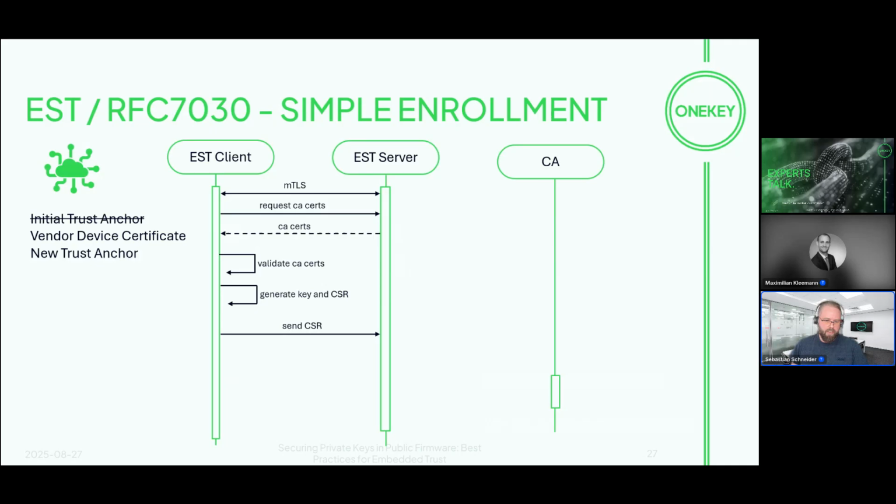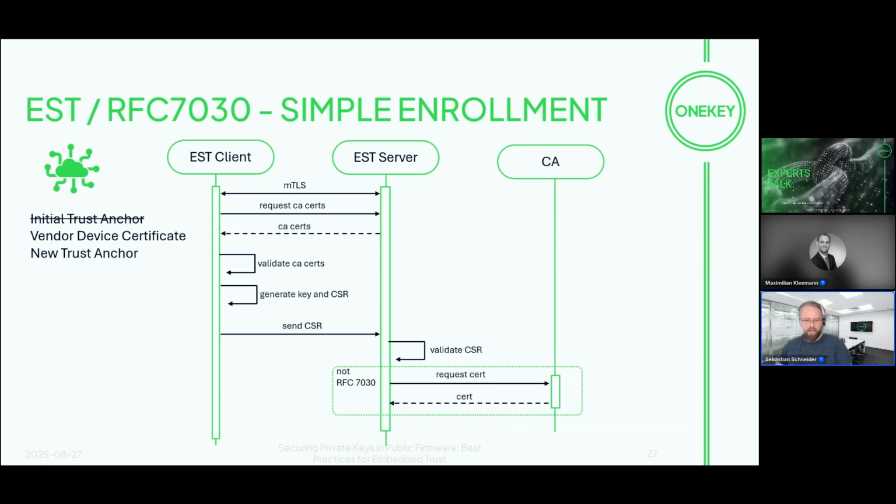The next step is then for the device to generate the key pair, public key, private key, and a certificate signing request and send it over to the EST server. The server will then validate the signing request, and if everything works out, it will send the signing request over to the certificate authority.